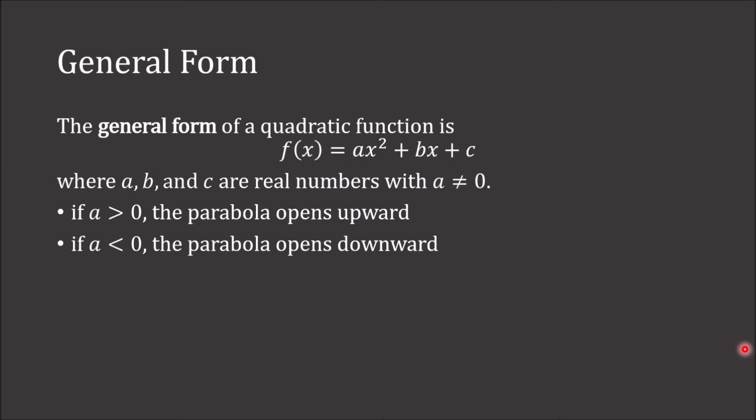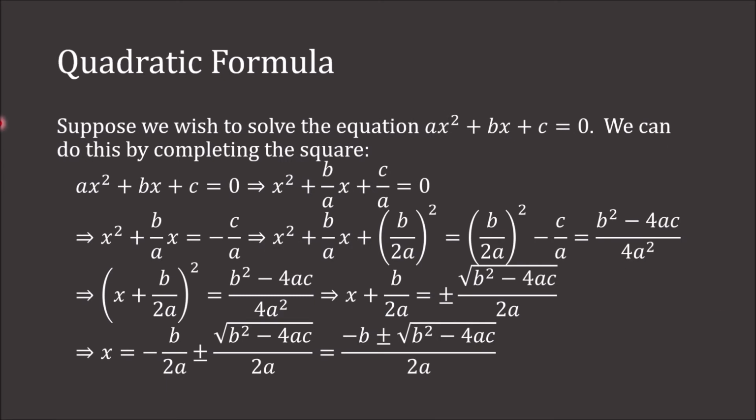Everyone should be familiar with the quadratic formula. I am going to derive it right now. Let's suppose we wish to solve the equation ax squared plus bx plus c is equal to 0. We can do this by completing the square. The first thing we want to do is make the coefficient of the x squared term 1, so we divide everything in the equation by a.